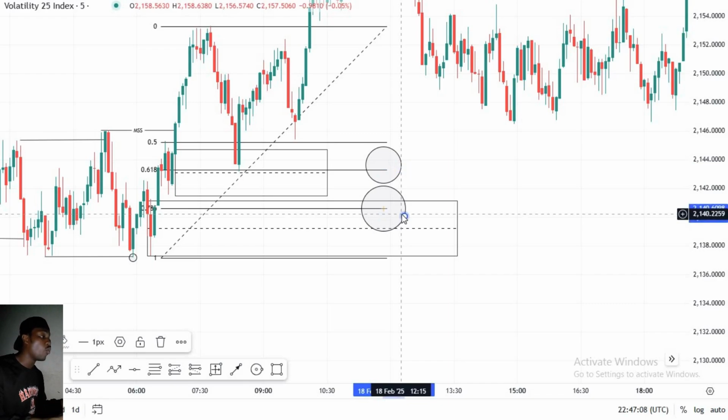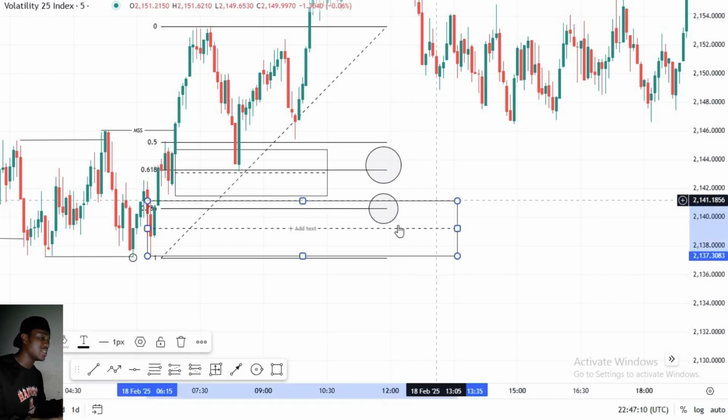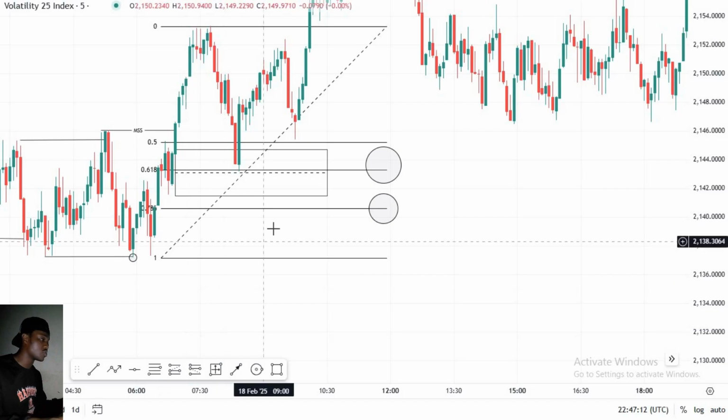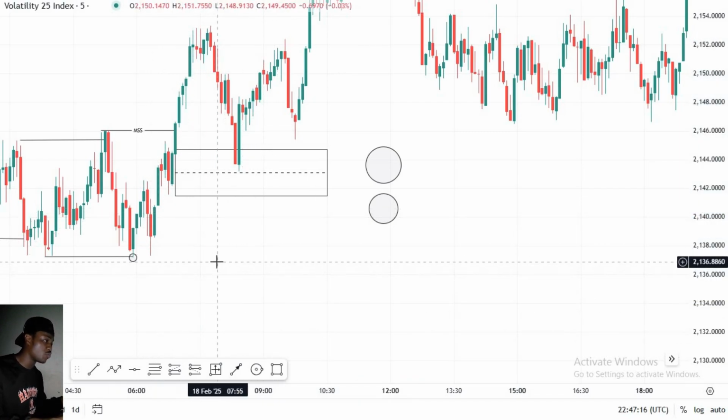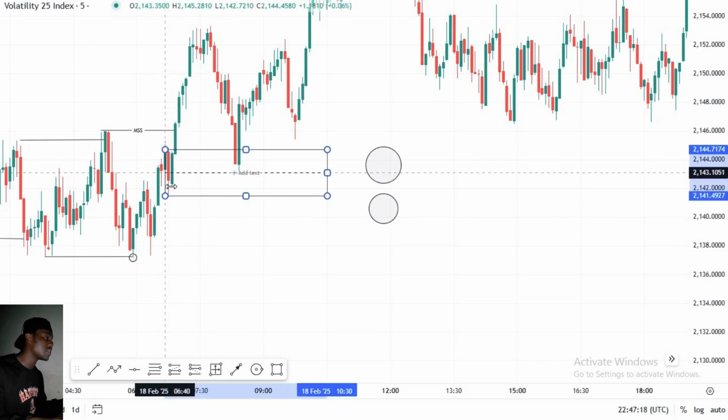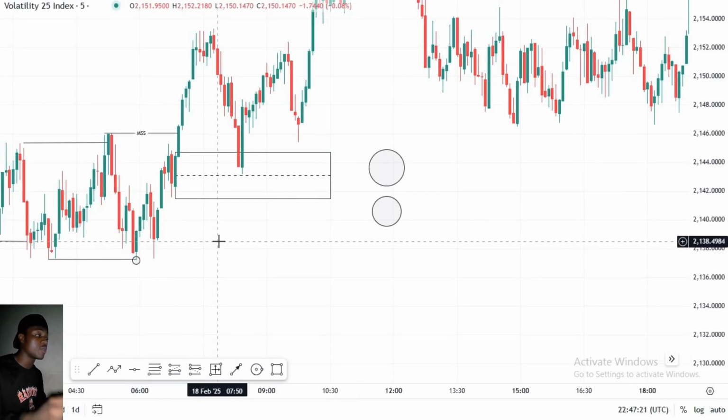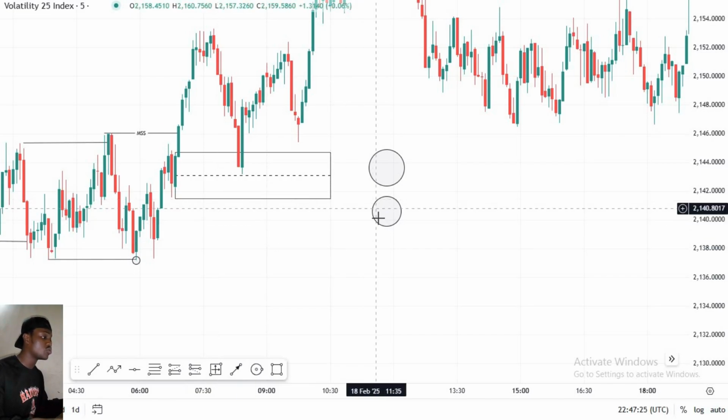The one which gives us the most confluence, the order block we think is most possible for the market to react from, that has a displacement, a fair value gap, and every confirmation entry on it. This is the area that we are going to take.